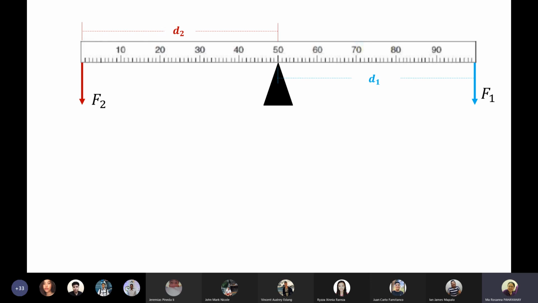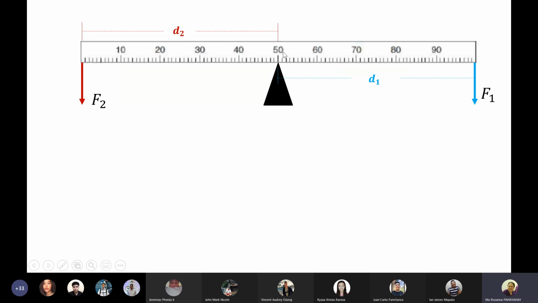For any object that is regular, like a square, circle, triangle, and so on, any shape, the center of mass of a meter stick is always at the center. So if it's 1 meter, definitely the center of mass is at 50. That means we can balance the meter stick without the forces. Don't think about the forces yet. We can balance our meter stick at the 50 mark. Okay, so that is the point.